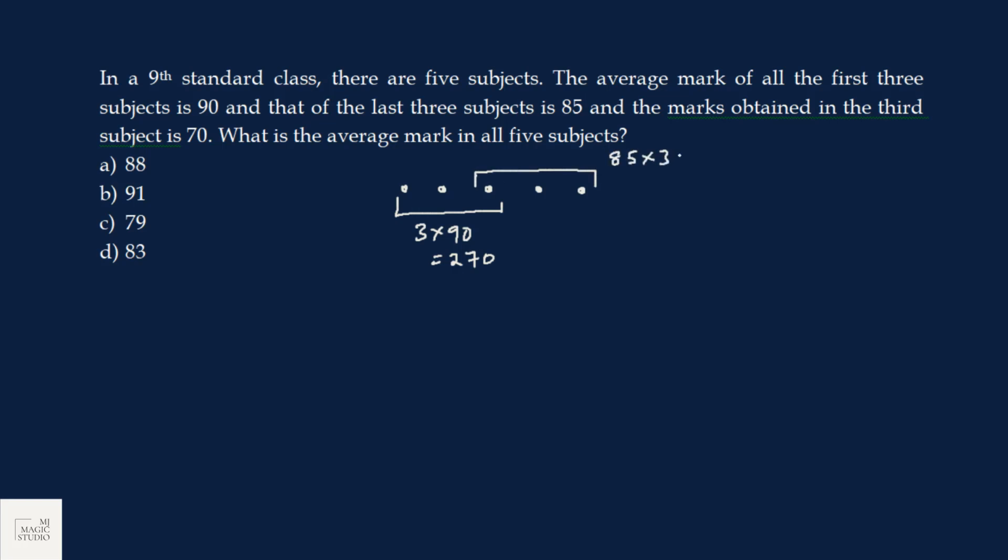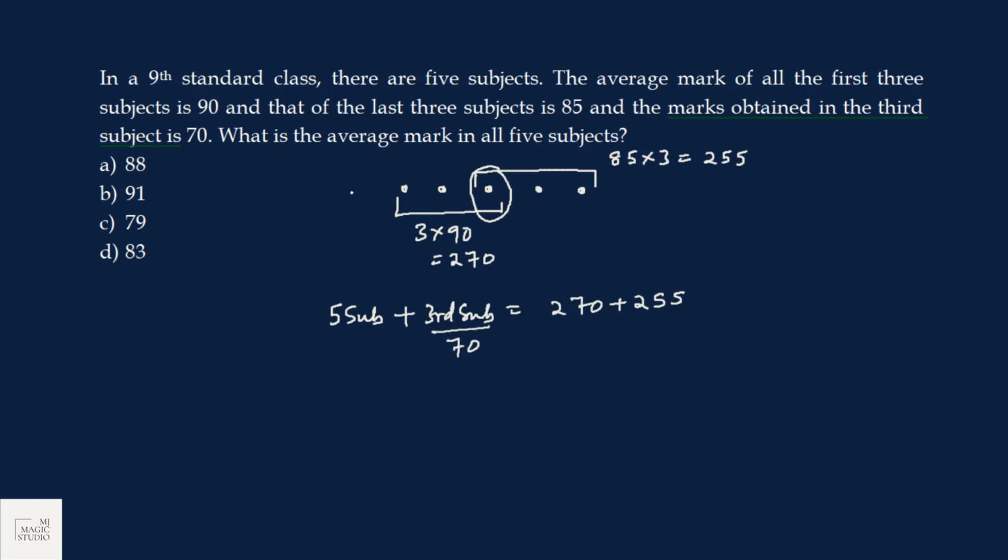Total of these 3 is 255. That means the sum total of all 5 subjects plus this subject is being taken twice. Third subject is equal to 270 plus 255.